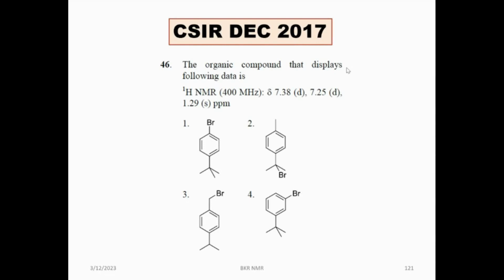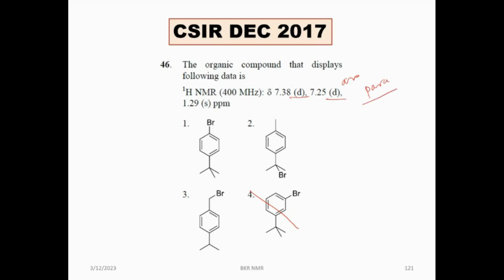Option 4. Very good. Why? Because you have a doublet and a doublet in the aromatic region, therefore it is para substituted. So I can straight away rule out the meta option.